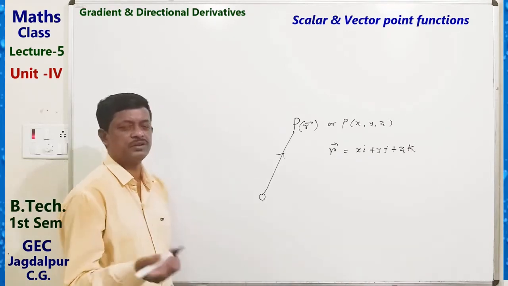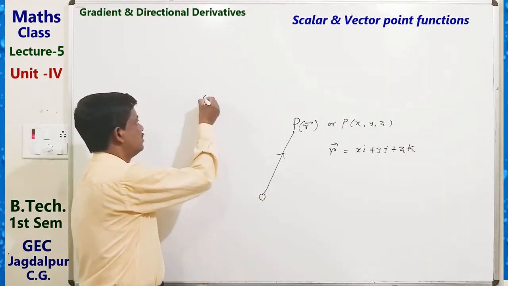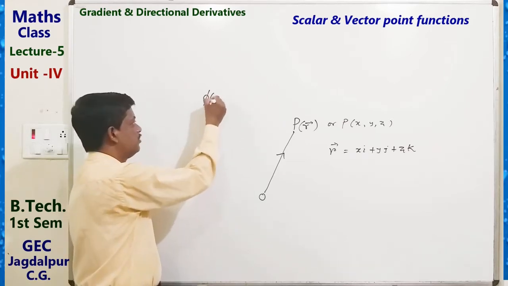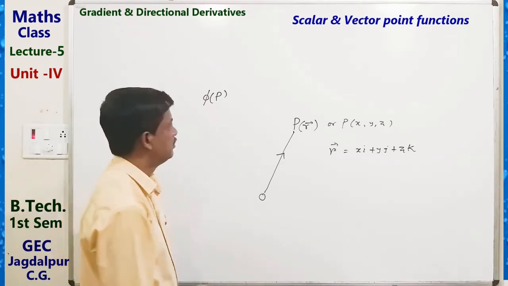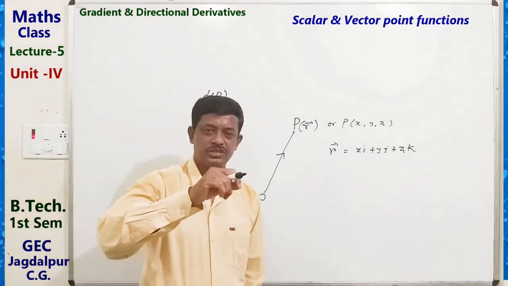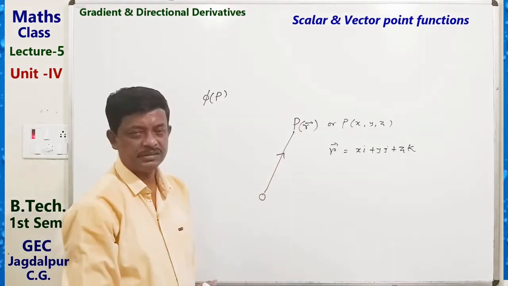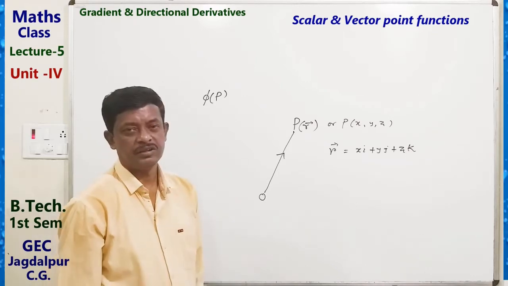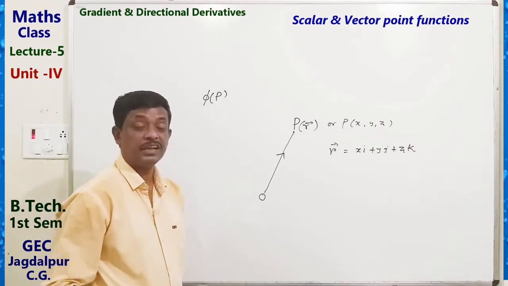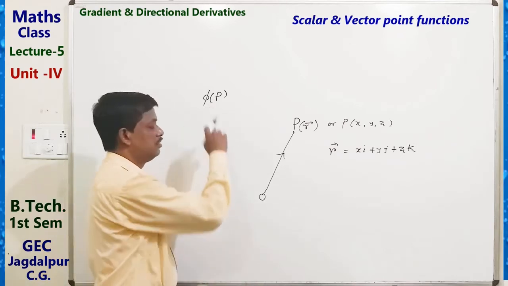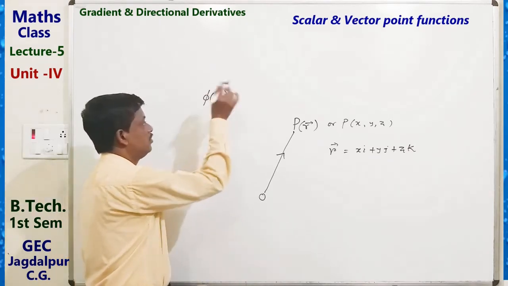Just like a function of x means a function of the variable x, here it is a function of the point. Suppose the function is phi. Its value depends on the point P. If to each point P, maybe (x, y, z), maybe position vector R, we can get a unique value of a variable quantity phi, that is called a scalar point function.